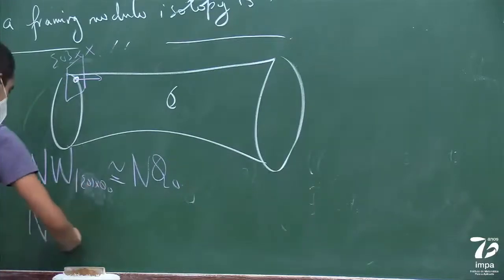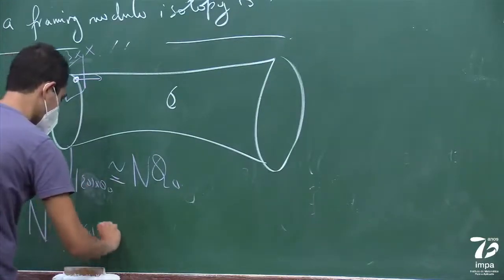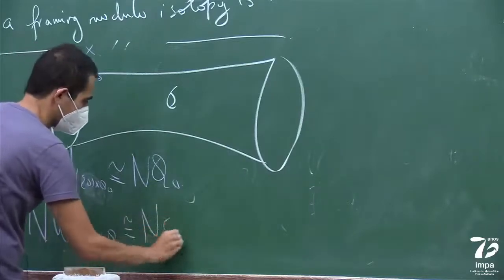And the normal bundle of W restricted to 1 times Q1 is isomorphic to the normal bundle of Q1.